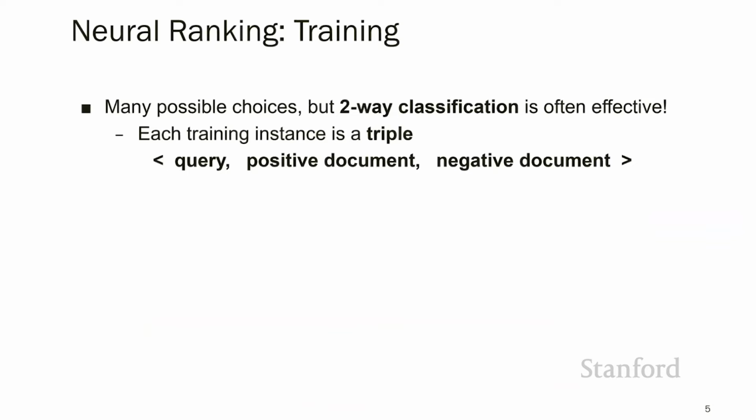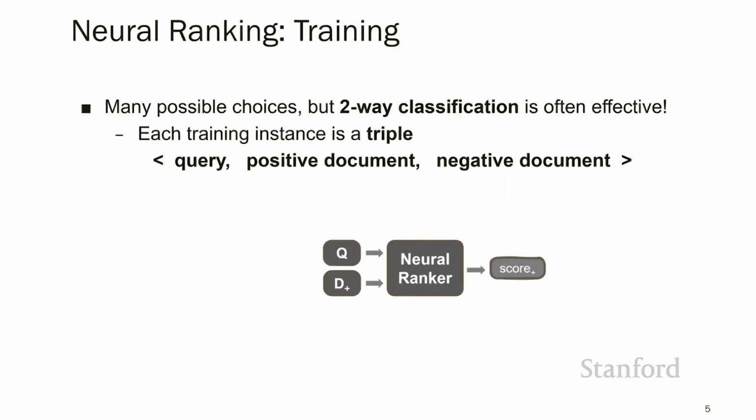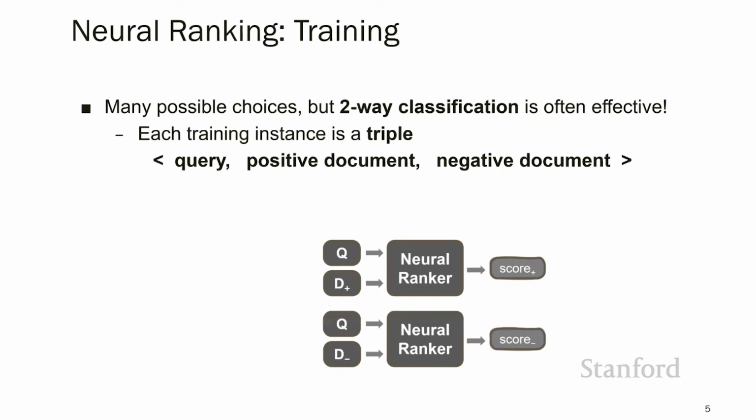This might not be super obvious, but one pretty effective choice is simply two-way classification, pairwise classification. Here, each training example will be a triple. Specifically, each training instance will contain a query, a relevant or positive document, and an irrelevant document or a negative. In the forward pass during training, we'll feed the model the query and the positive document.